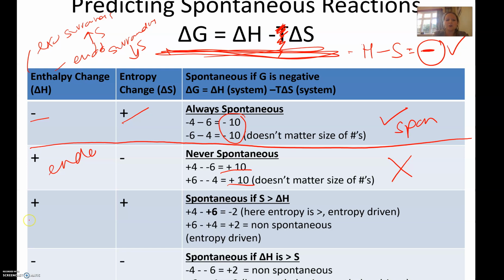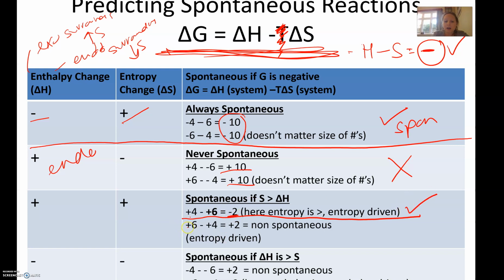So what if you have two positives, endo and a positive entropy? Is this possible? It's only possible in one situation, and that's if one of these values is bigger. And in this case, the value that has to be bigger is the entropy. So if our enthalpy is +4 and then we minus off +6, you'll get a negative value and it will be spontaneous.